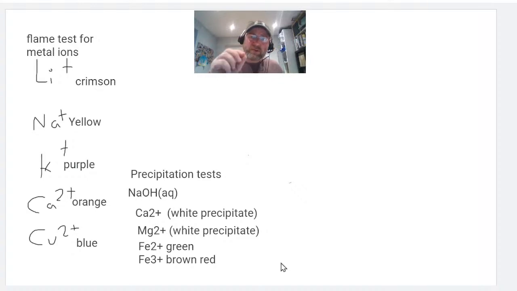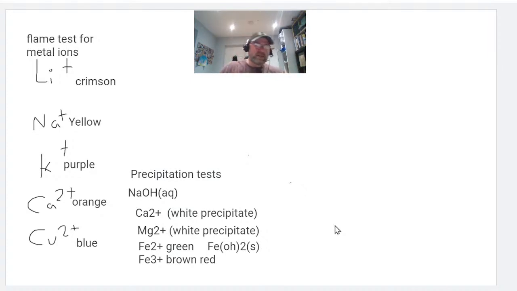If they ask what is responsible for the green precipitate, don't say Fe2+. The green precipitate is going to be Fe(OH)2, and that is a solid because it's a precipitate.